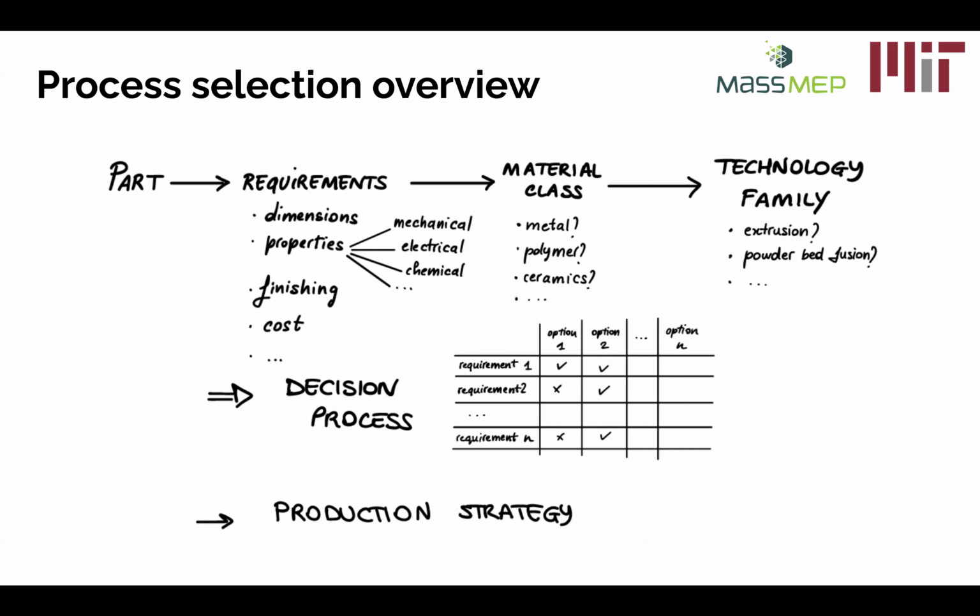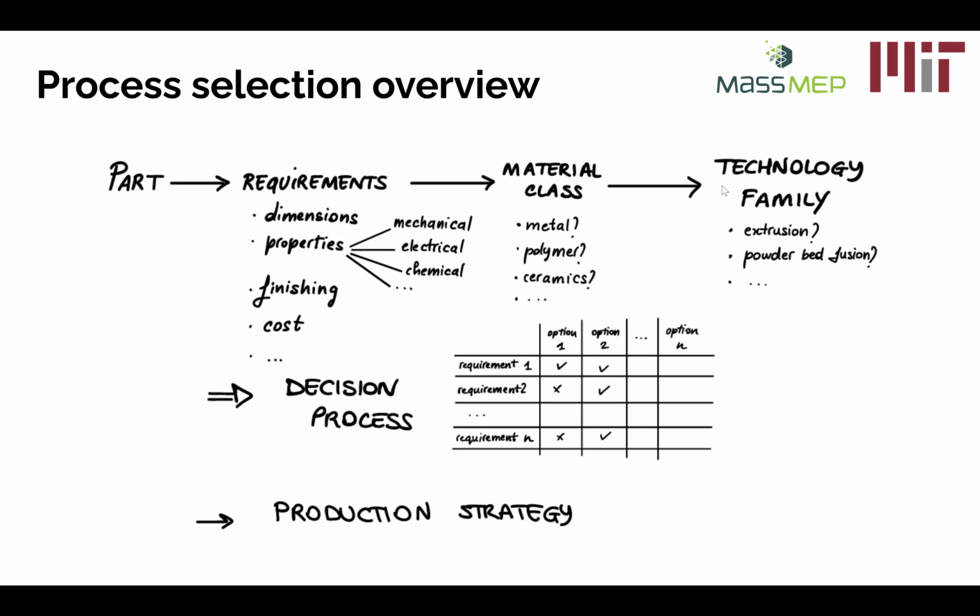So you start with your product, then you try to be as thorough as possible, defining which requirements your product needs to satisfy. We're talking about dimensional requirements, which mechanical, electrical, chemical properties are expected from this product in service, what type of surface finishing you need, what's the cost target. So as thorough, as detailed as possible, you can write down the requirement list.